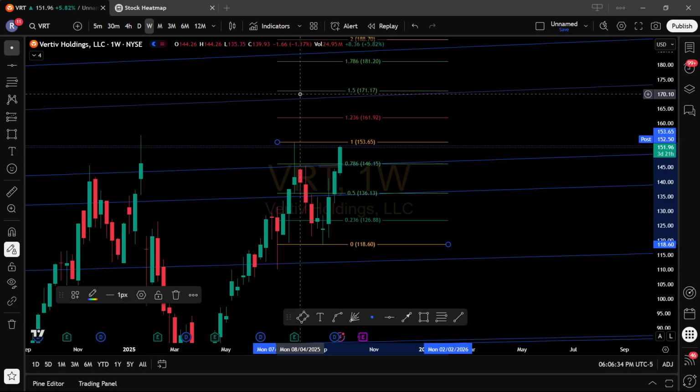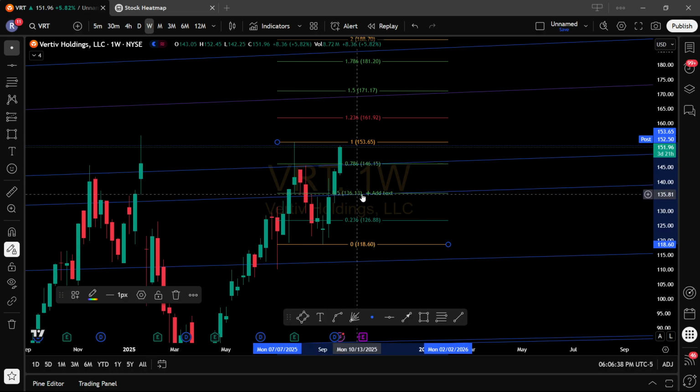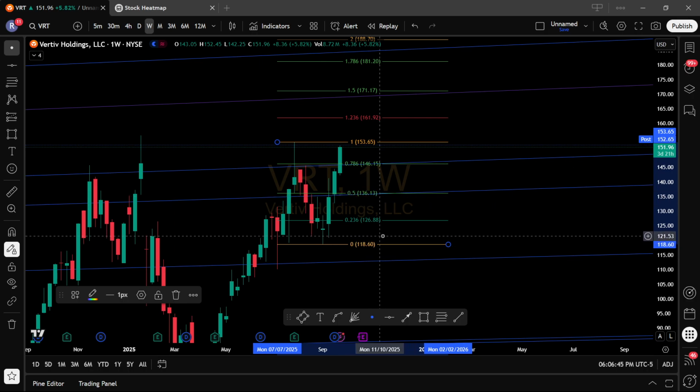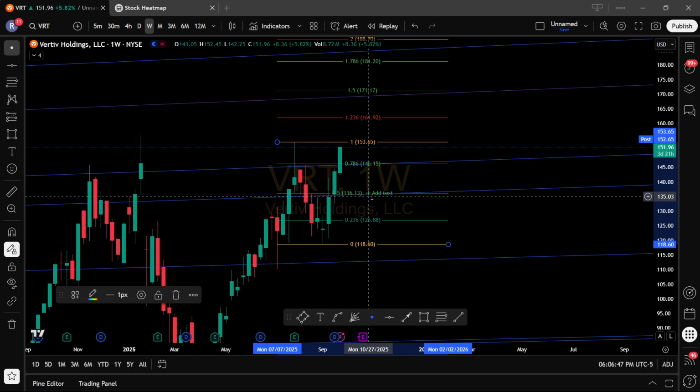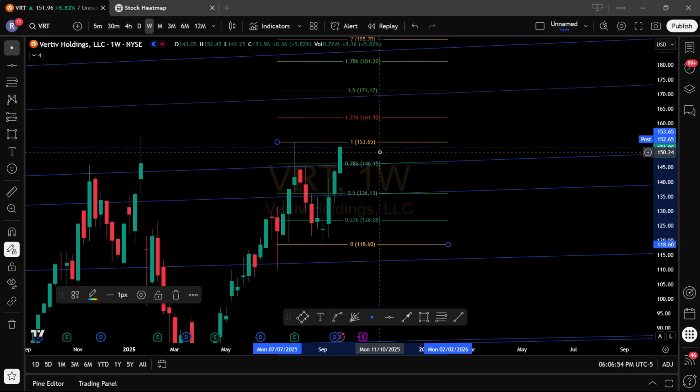So everything is a part of it, confluence levels. The 50% level lines up perfectly with the fan level right here at 136. That gives me even more confidence that if it drops down to 136, it's a great opportunity to average down and buy in for the 153 retest.